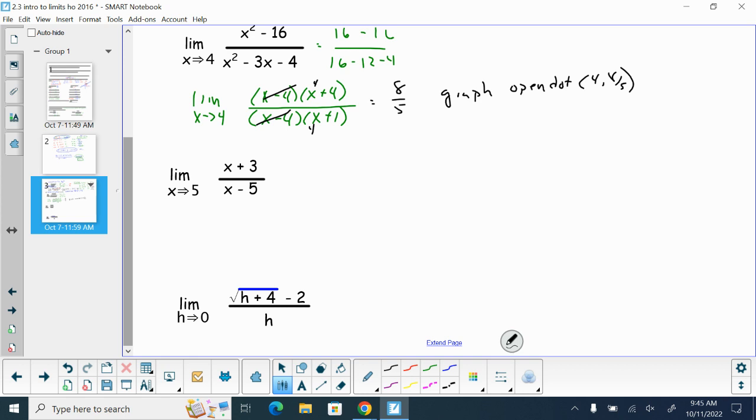Some other scenarios we run into, if I try to put 5 in here, I get 8 over 0. There's no discontinuity to remove. We can't factor top and bottom.